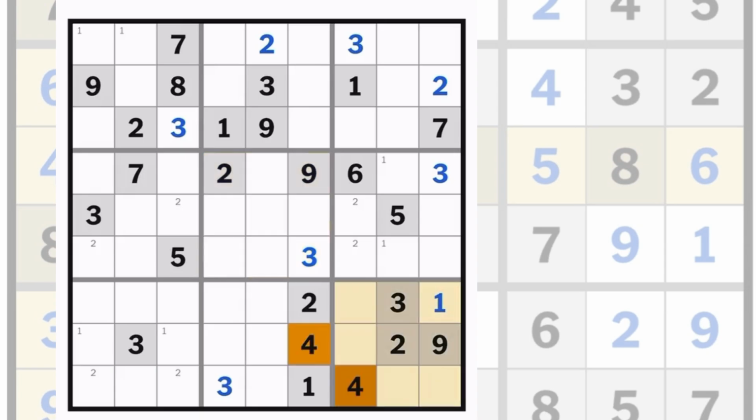Go to number 4. Here are the two cells where number 4 is a likely candidate. Go to number 5. So you get a cell here where number 5 is unique. Here we get two cells where 5 is a likely candidate. Similarly, we get two cells here in this block where 5 is a likely candidate.